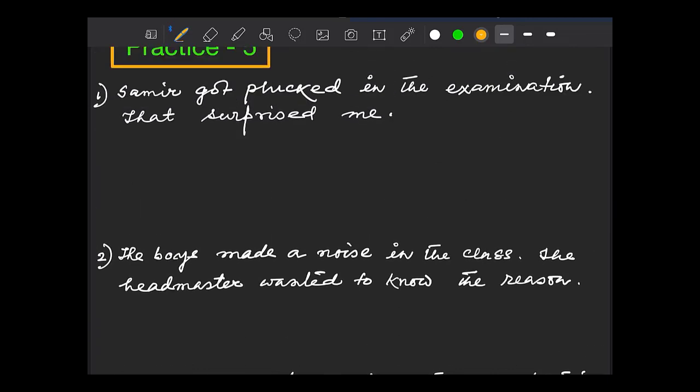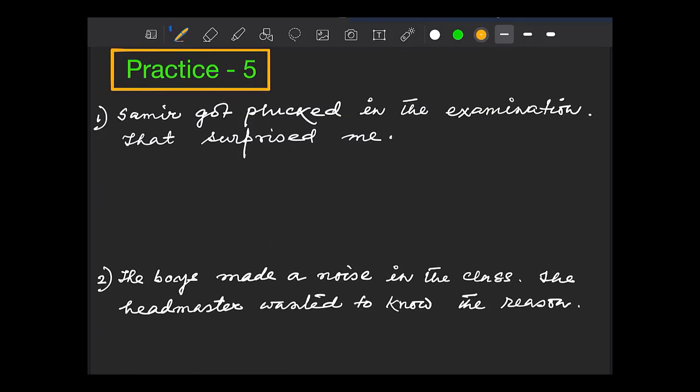Okay, now see the answer. Somir got plaqued in the examination. That surprised me. We may combine these two sentences in two ways. First, see. In place of that, I told you just a little ago that it surprised me.